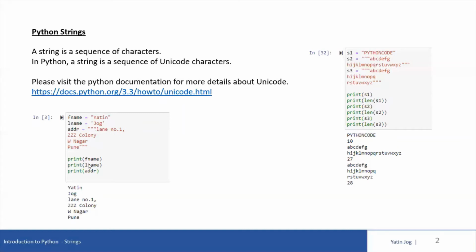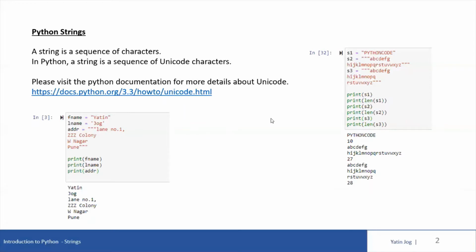If I print fname, lname, and address, you can see the print fname output is Yatin, print lname output is Jog, and print address is printing a multi-line value: first line, second line, third line, and fourth line. So this is how you can define strings with single quotes, double quotes, and triple quotes.